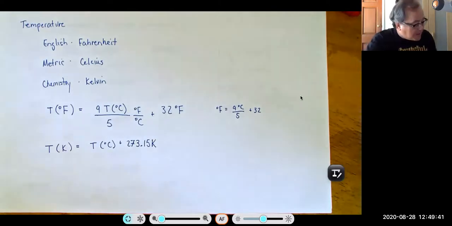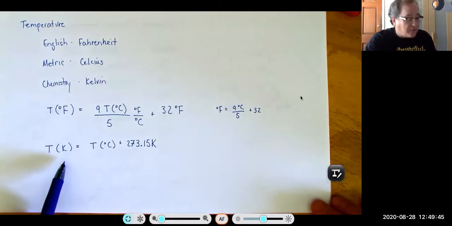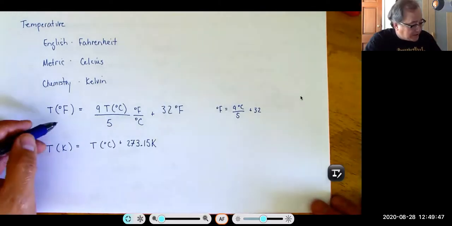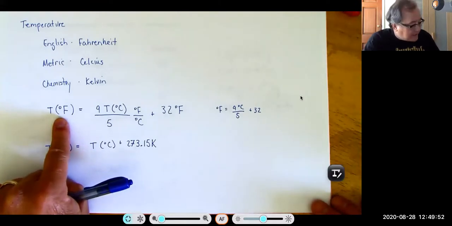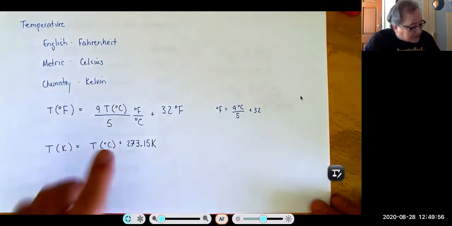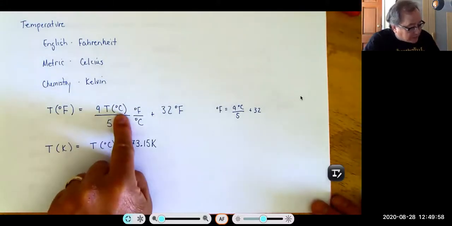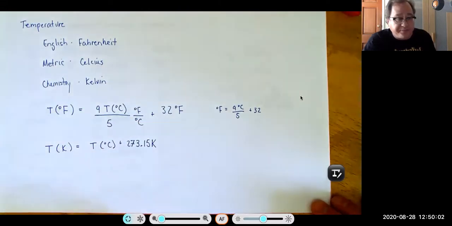So you want to memorize both of these equations. If you want to convert, this first equation defines the temperature in degrees Fahrenheit. You take the temperature in degrees Celsius, multiply it times 9, divide it by 5, and then add 32.